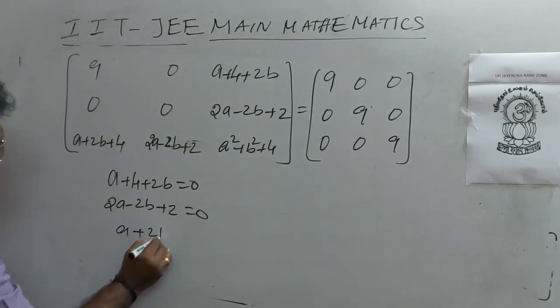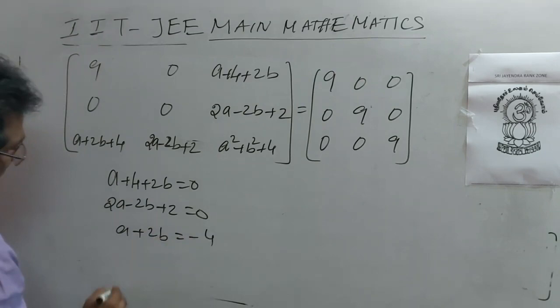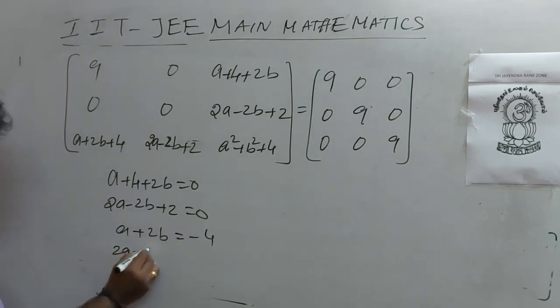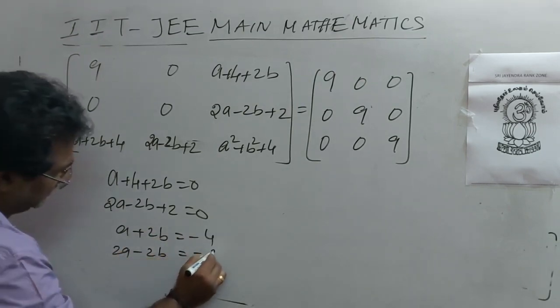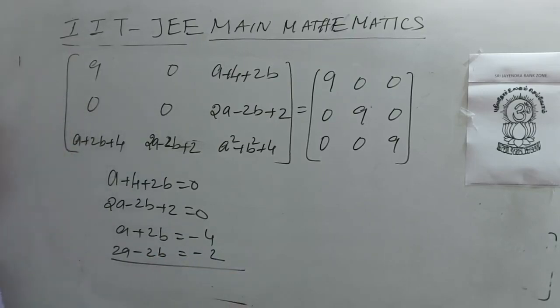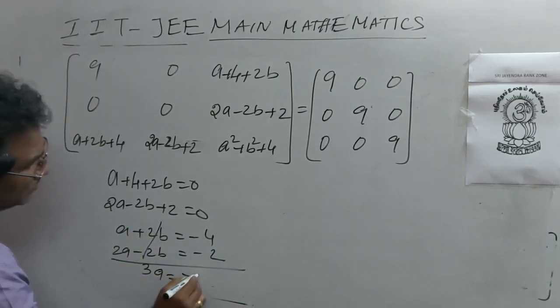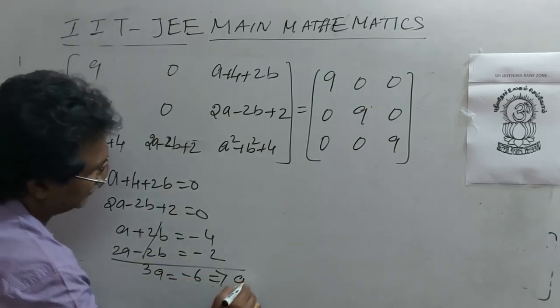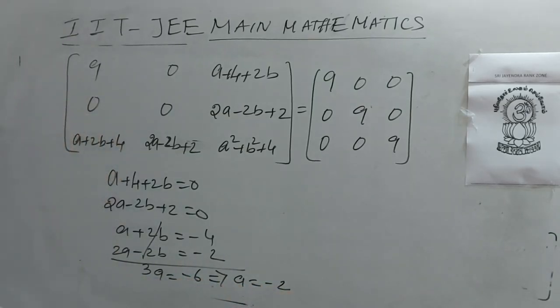A plus 2B equal to minus 4. 2A minus 2B equal to minus 2. Adding, 3A equal to minus 6, which implies A equal to minus 2.